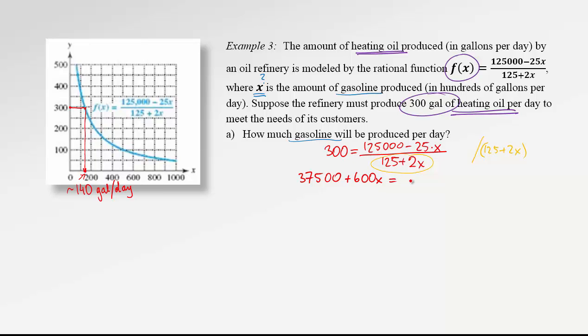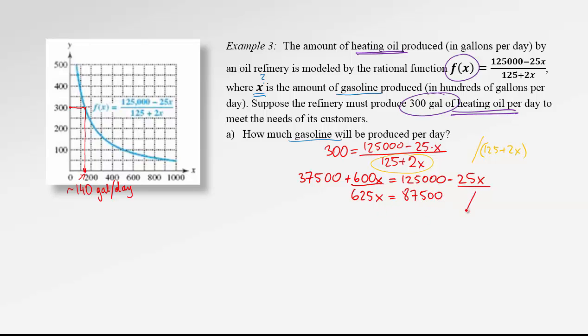And then on that side we have 125,000 minus 25x. Now we need to put x's together, so it will be 625x on one side, and then we have 125,000 minus 37,500. That gives us 87,500.